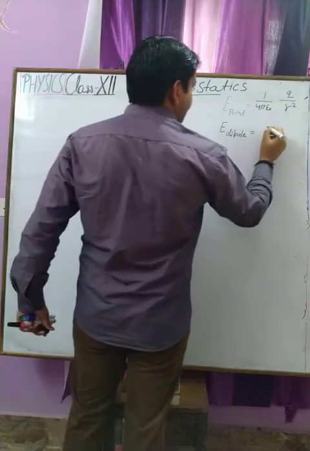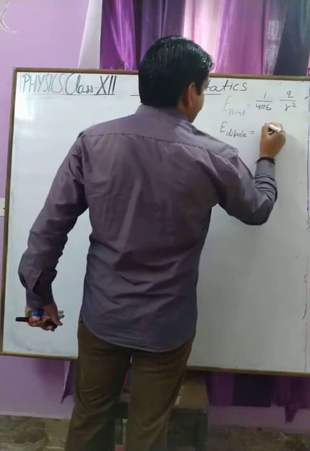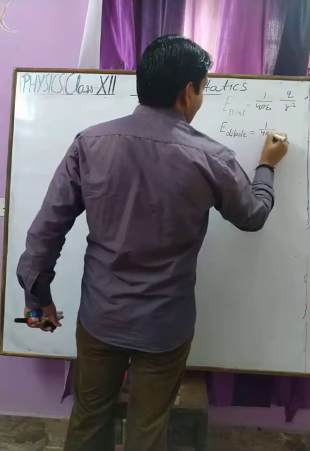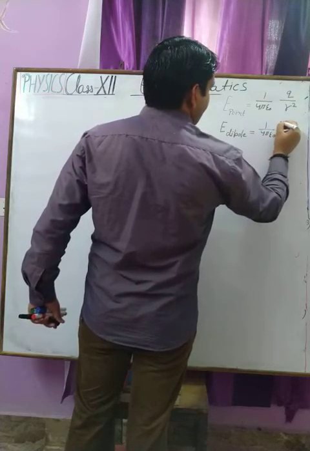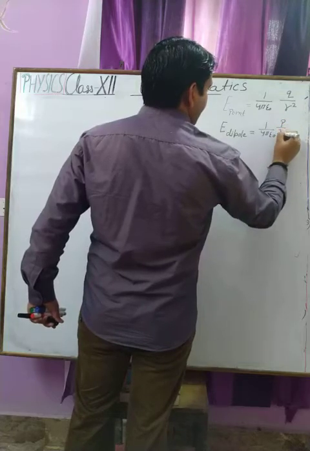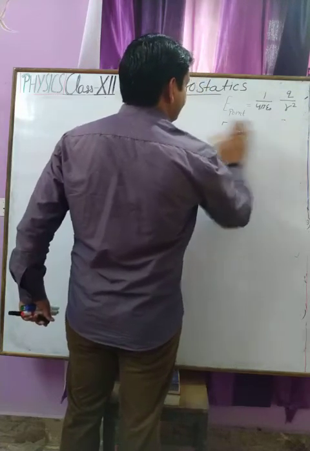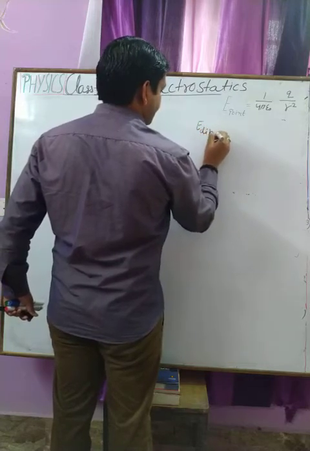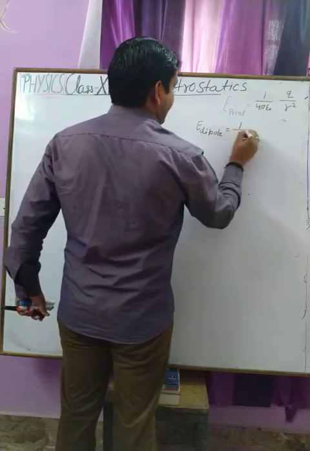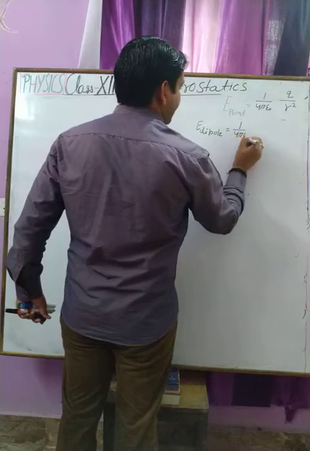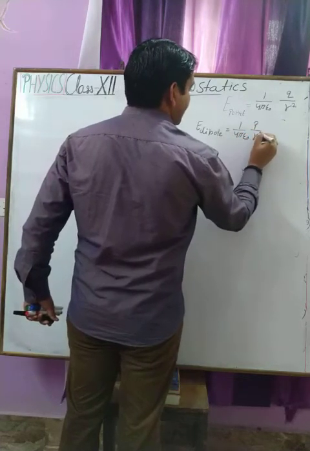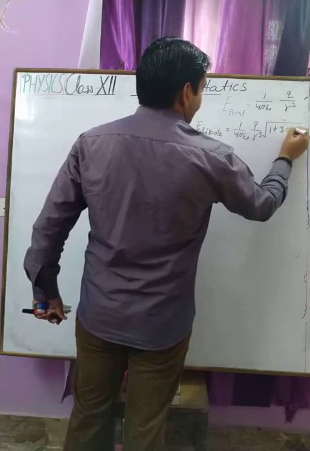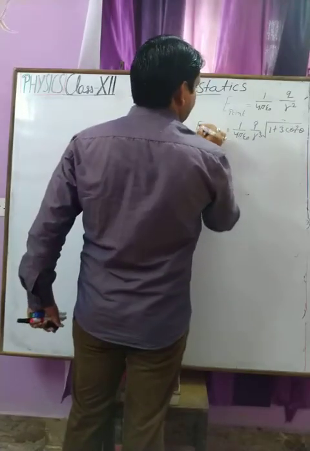This formula is 1 upon 4 pi epsilon naught, p upon r cube, inside the bracket 1 plus 3 cos square theta.